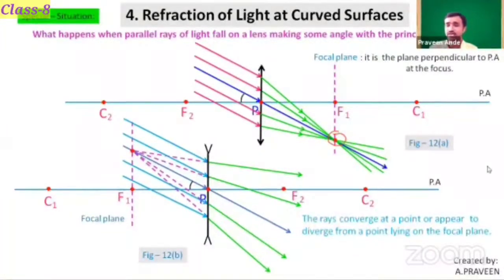See here, the rays converge at a point or appear to diverge from a point lying on the focal plane. That is the generalization: when a parallel beam of light rays is incident on a double concave or double convex lens at some angle, the rays converge at a point or appear to diverge from a point lying on the focal plane. So this is the generalization for this special situation.